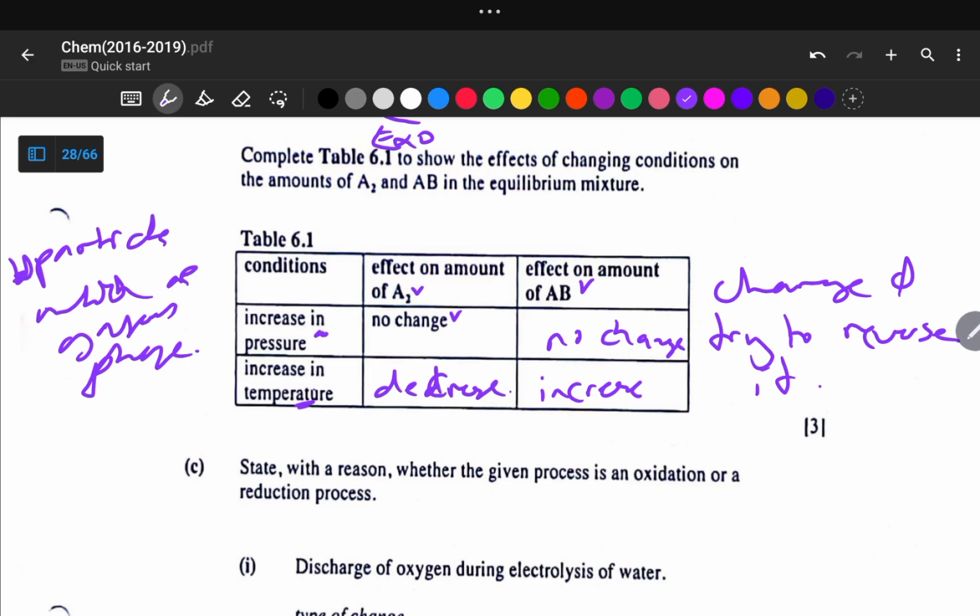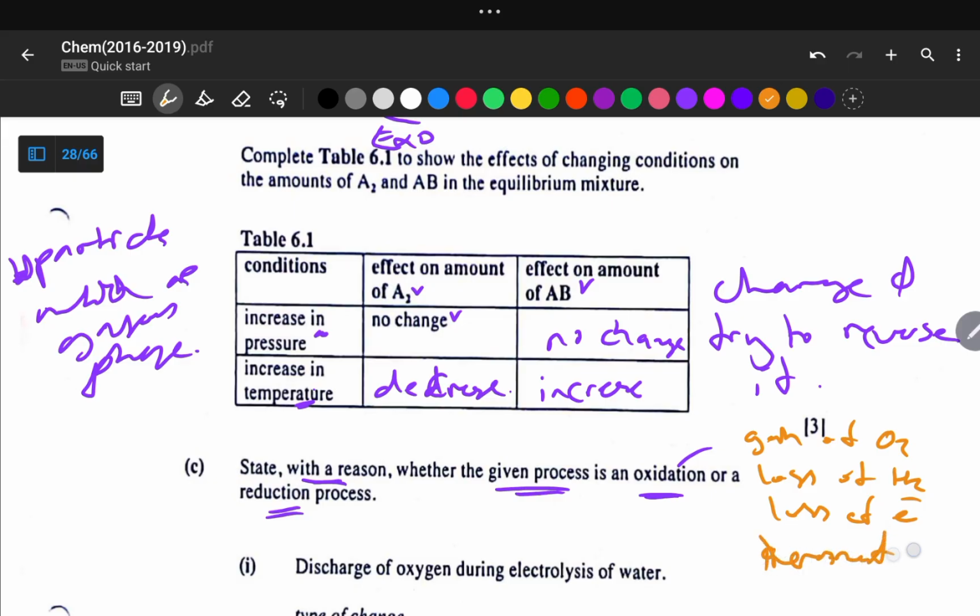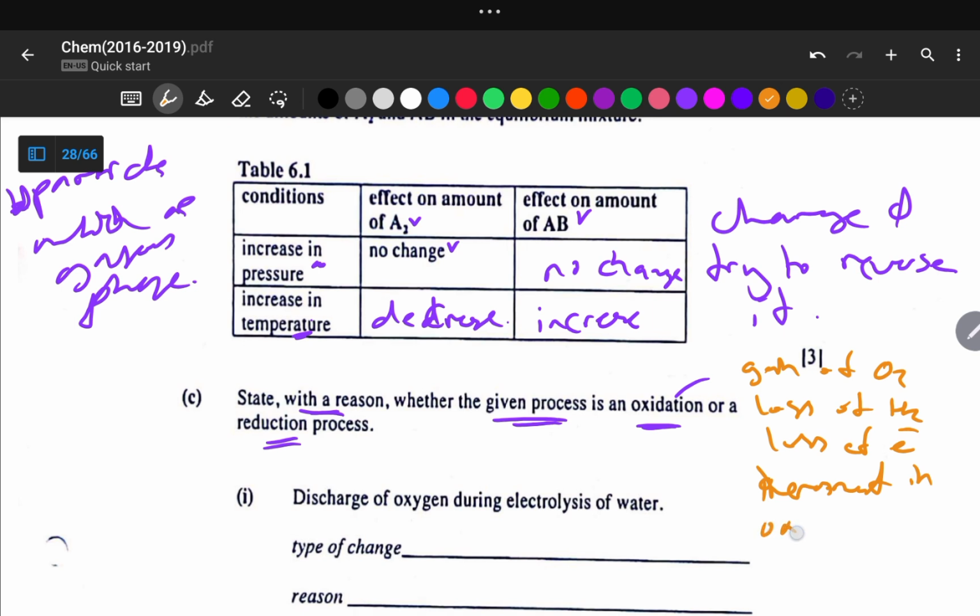The next part says state with a reason whether the given process is an oxidation or a reduction process. Oxidation is defined in 4 ways: the gain of oxygen, the loss of hydrogen, the loss of electrons, and an increment in oxidation number.